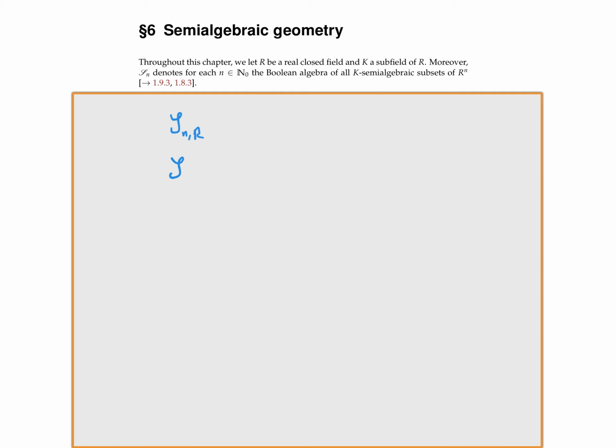because S_n was previously standing for the Boolean algebra of all semi-algebraic classes. More precisely, it was all K-less-than-or-equal semi-algebraic classes, where K with its order is a fixed ordered field.